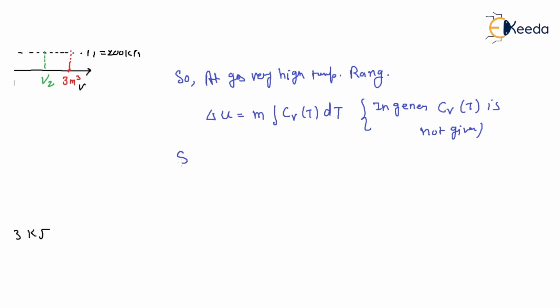So delta U, U2 minus U1, is from the properties table. Okay, thank you.